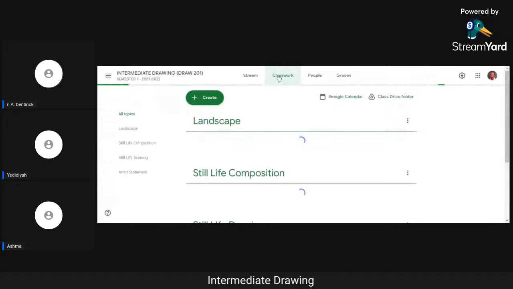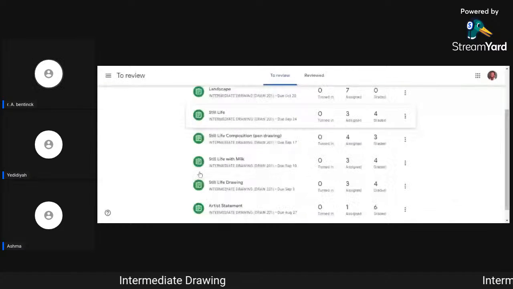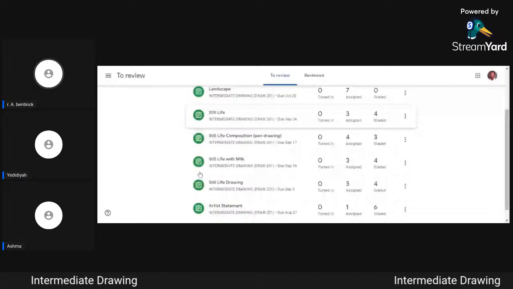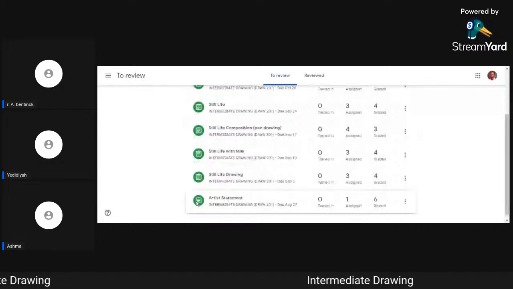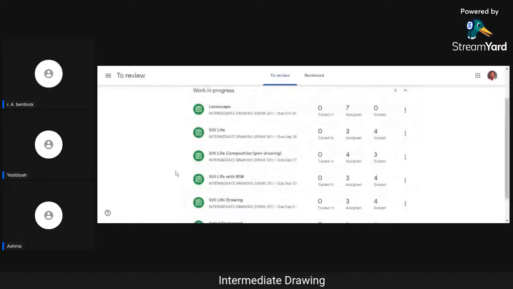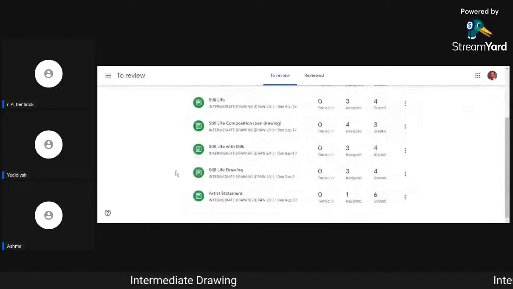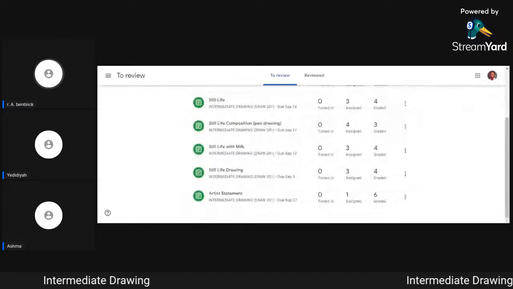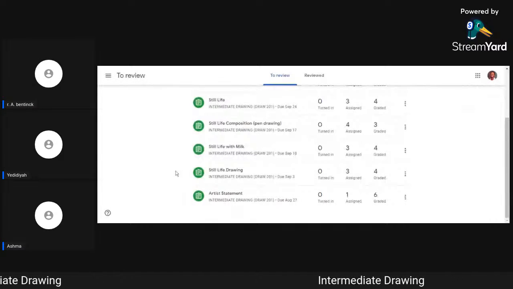Let me be very exact: 1, 2, 3, 4, 5 submissions. And if you do your calculation, you see what's going to happen. That's a midterm failing grade you're staring down at right there.